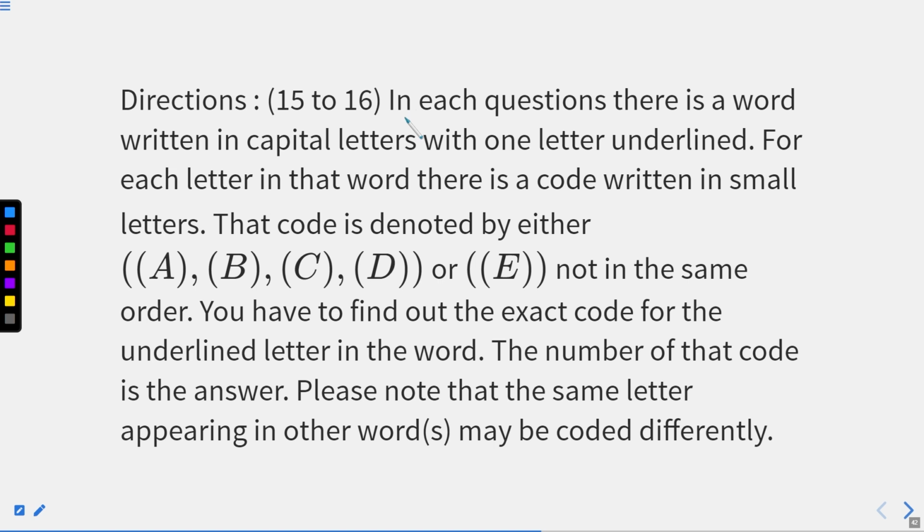So I'll read it for you in this session: in each question there is a word written in capital letters with one letter underlined. For each letter in that word, there is a code written in small letters. That code is denoted by capital A in bracket, capital B in bracket, capital C in bracket, capital D in bracket, or capital E in bracket.